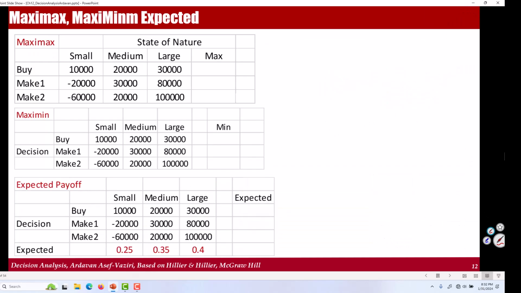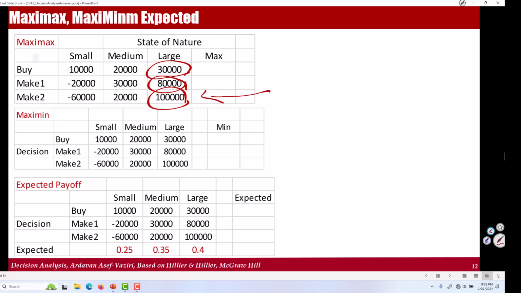Now I have the payoff table here. These three payoff tables are exactly the same. Let's practice MaxiMax. For buy, this is the max. For make 1, this is the max. For make 2, this is the max. The max of all maxes is this.